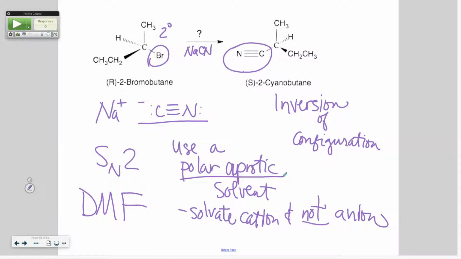Like you can't, you can either get inversion or you can get it mixed, 50-50, racemate, okay? There's no way to start with one and end with the same. So R to R don't happen, okay? That's retention of configuration. Inversion is when it's flipped, retention is when it's the same. You can't get only retention, okay? Is that making sense?